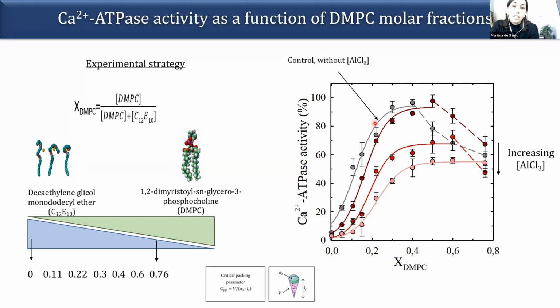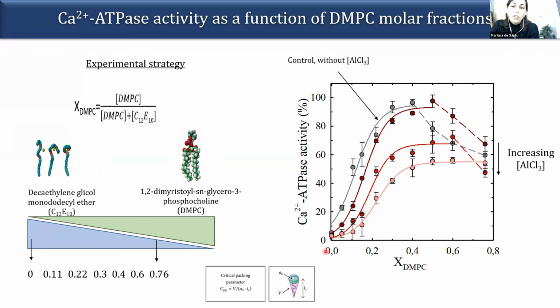We thought that this effect could be due to a transition in the organization of the amphiphiles in solution, because the detergent molecule has a cone shape that is more stable forming spherical micelles in solution, while DMPC is more stable forming bilayers.